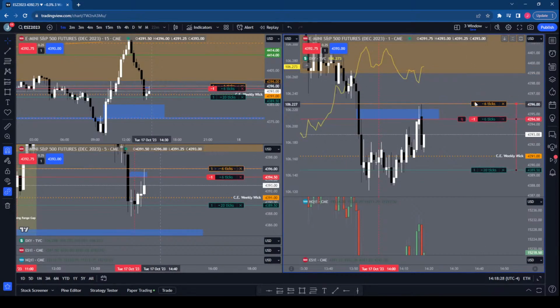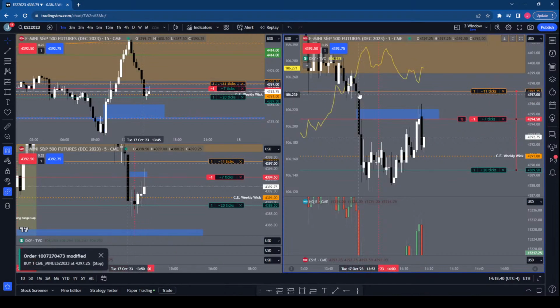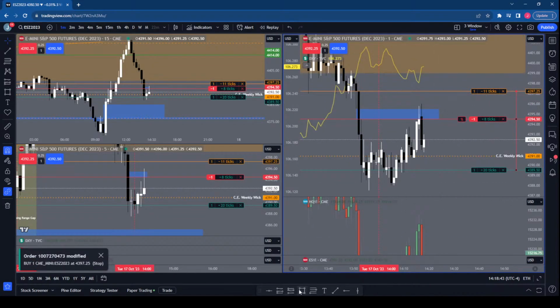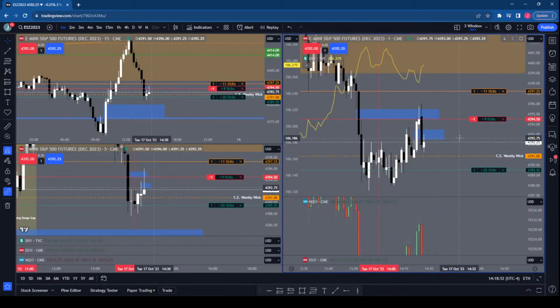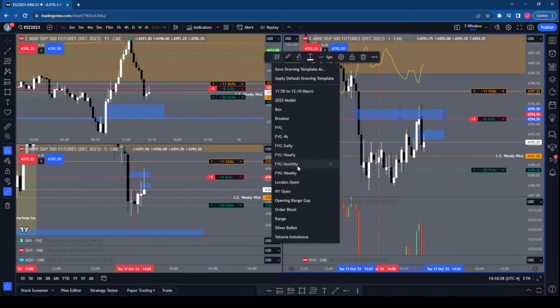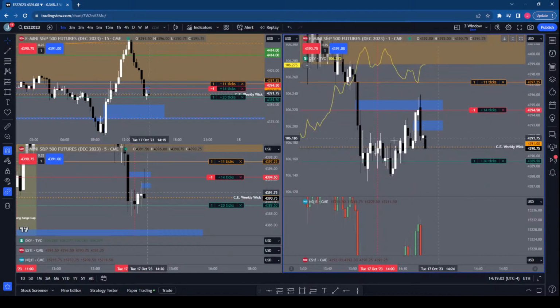Gonna move my stop to right there. Now what I'll do is I'll move it right above that 1 minute. I want to see us treat this as an inversion to go lower. I'll wait. Dollar's rising.